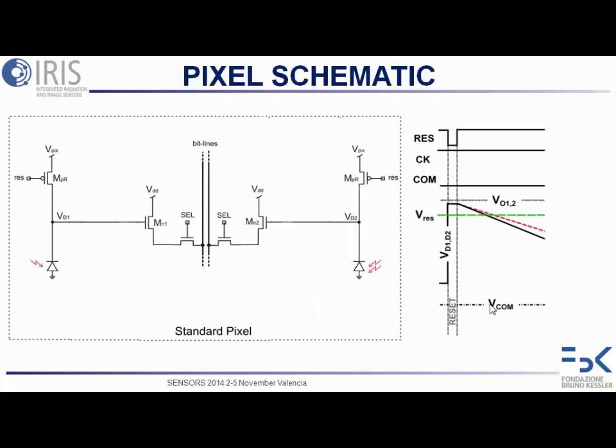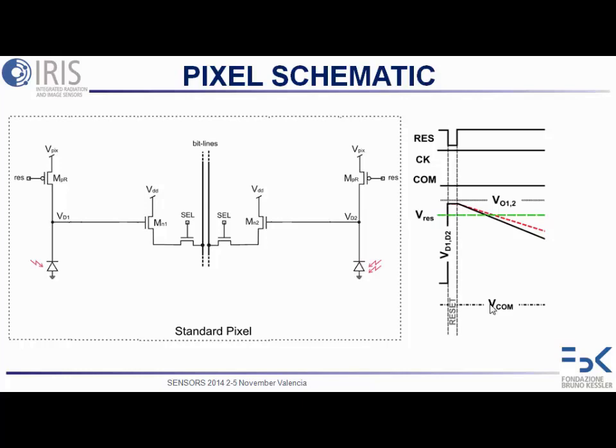So how can we do that in CMOS, at pixel level? We start from a very simple pixel schematic. We have two transistors for resetting the two floating diffusions VD1 and VD2. And we have also two source followers, MN1 and MN2, which are used to read out the pixel through the bit lines.